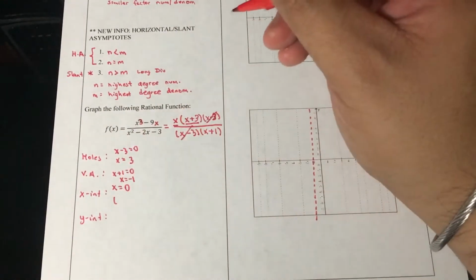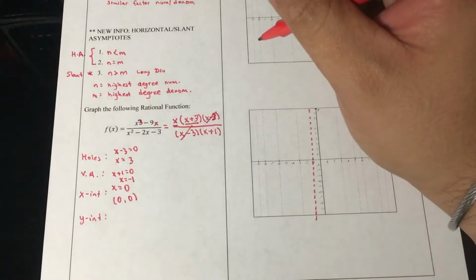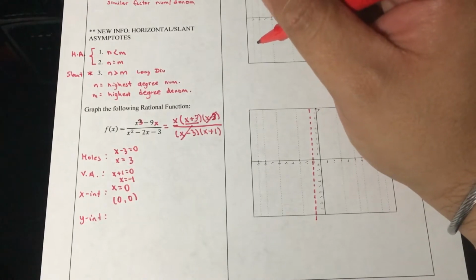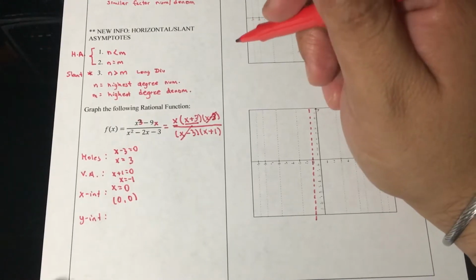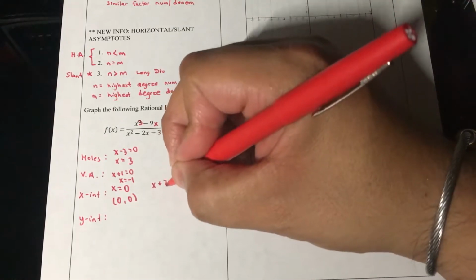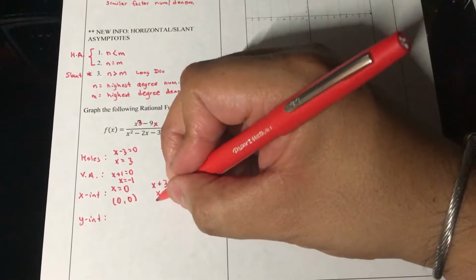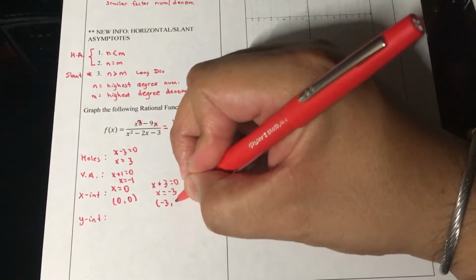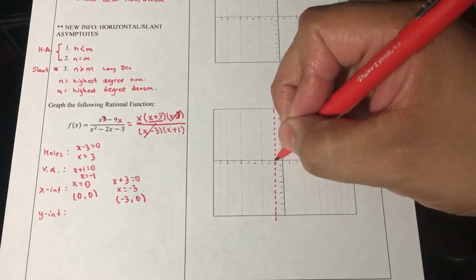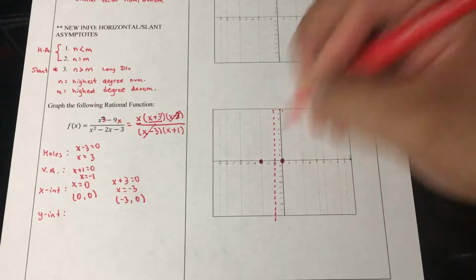If I leave this as a point, I know the x is 0 and the y is also equal to 0, because for x-intercepts the y is equal to 0. Then x plus 3 is equal to 0, so I solve. x is equal to negative 3, so when I make this a coordinate, I have a 0 at negative 3 and 0, right here.